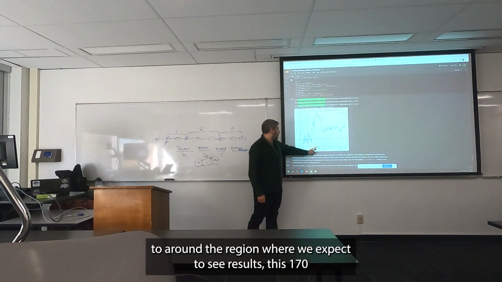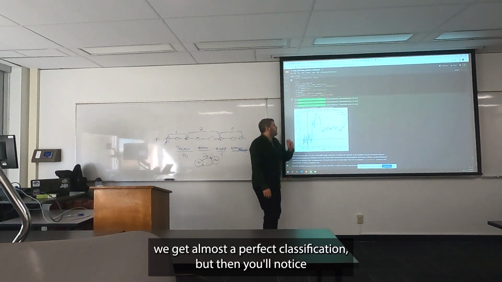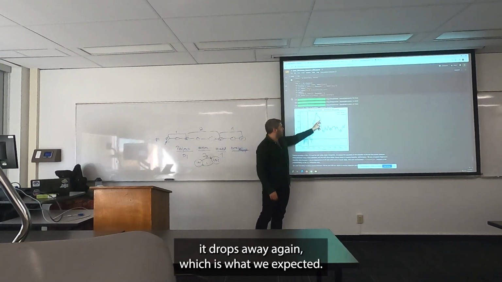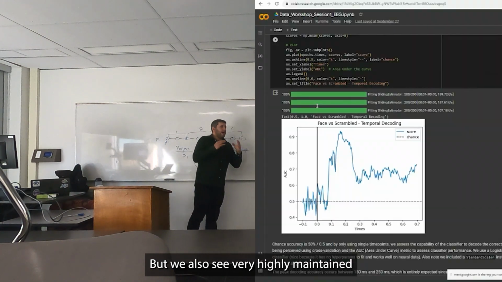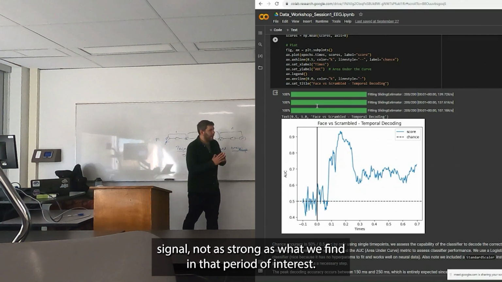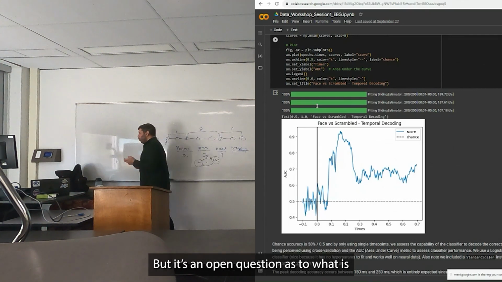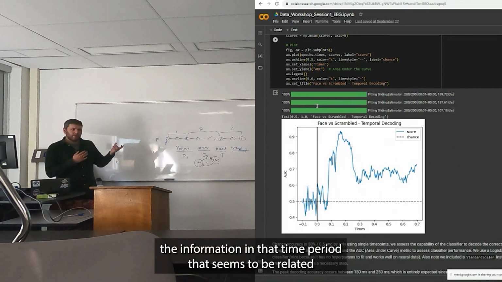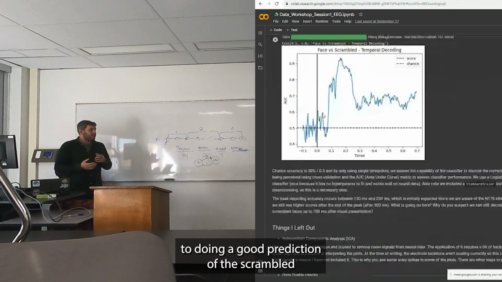Then once we get to the region where we expect similar results, this 100 to 170, we're almost at perfect classification. But you'll notice it drops away again, which is what we expect, but we also see very high retained signal, not as strong as in that period of interest, but there's an open question as to what is the information in that time period that seems to be related to making a good prediction of scrambled versus unscrambled faces.